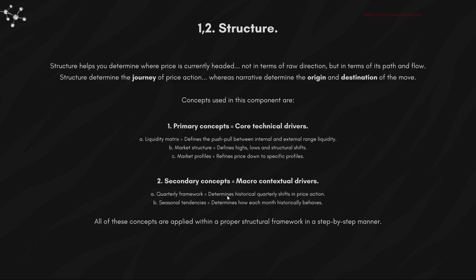The underlying idea within the quarterly framework is that every 3 to 4 months we have a quarterly shift in price action. Price action shifts and we move into a new trend. The underlying trend changes and we shift into a new trend. So using that idea, you can build a directional idea and then establish a bias from that.